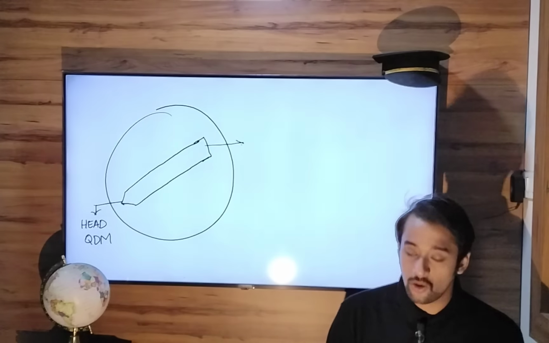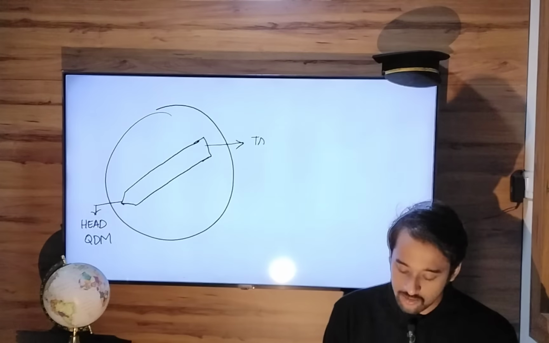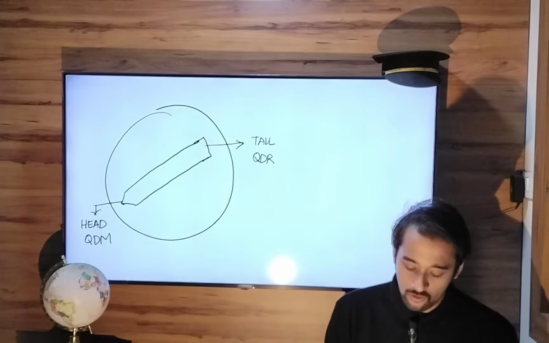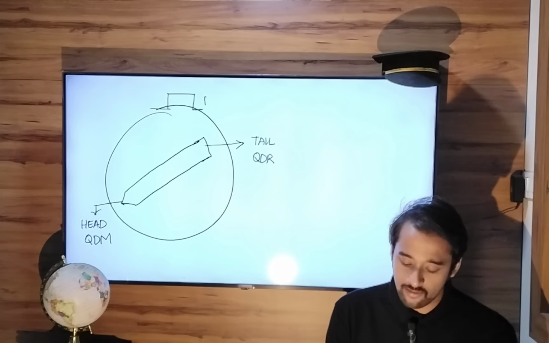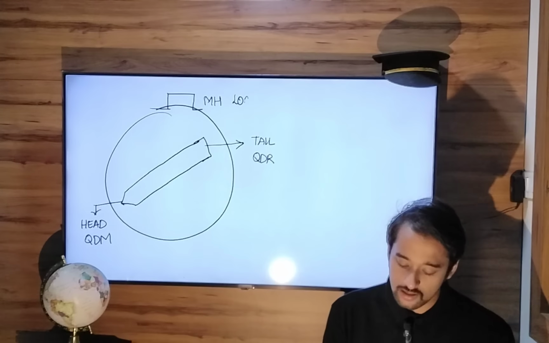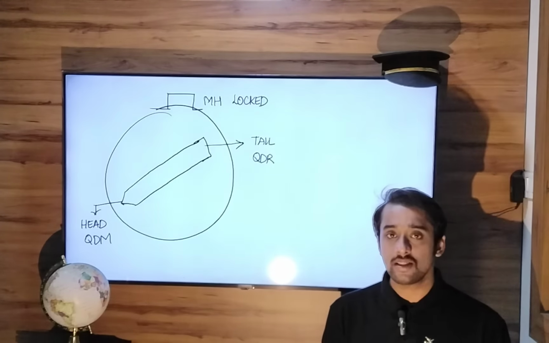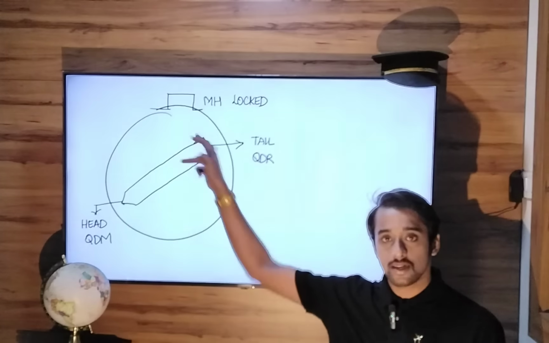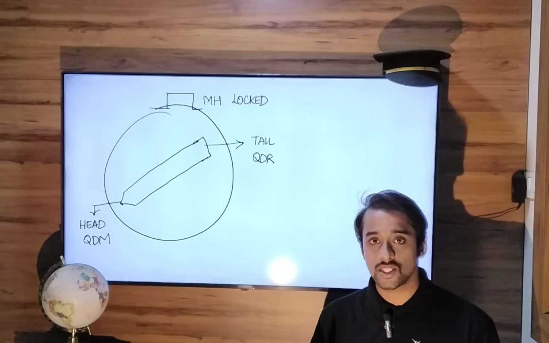The tail of this VOR needle will always point away from the station, which is QDR. And over here there will be magnetic heading given to you. But in this case, this magnetic heading has become locked. Even if the aircraft is changing its heading, the new heading is not getting reflected here. The old heading is locked, which is 090.